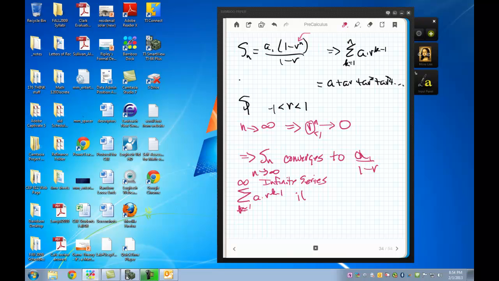Now, the fancy way we write this is, we say if absolute r is less than 1, they are mathematically equivalent. Okay? If r lives between -1 and 1, which is absolute r is less than 1, then the sum, and we don't write s sub n as n goes to infinity, we just say s. S equals a over 1 minus r.